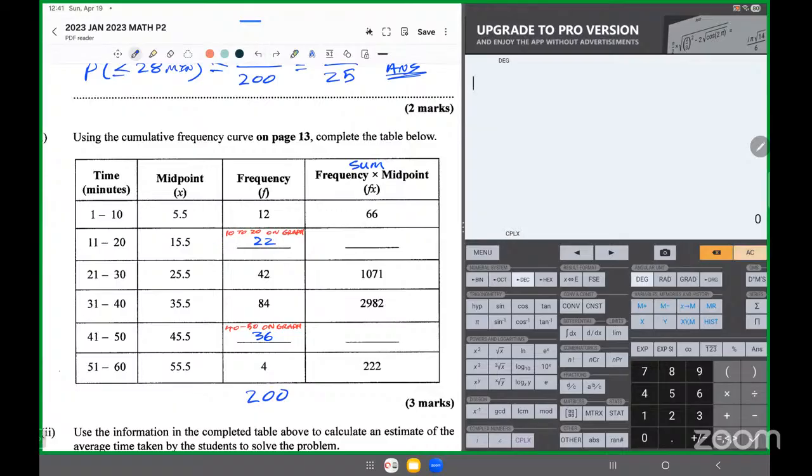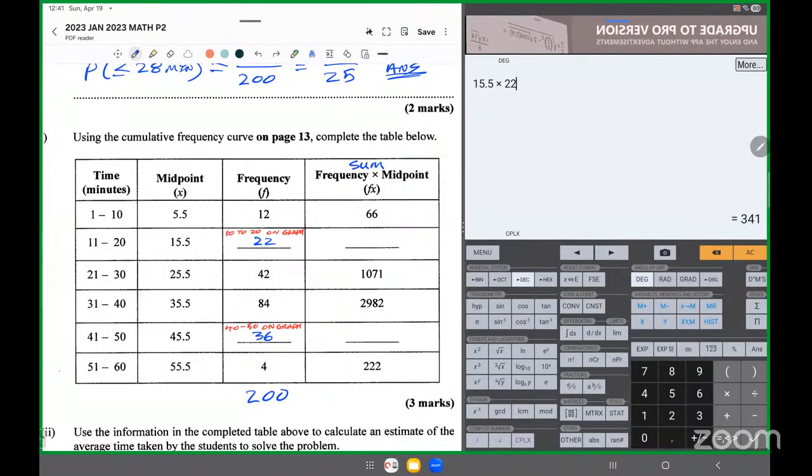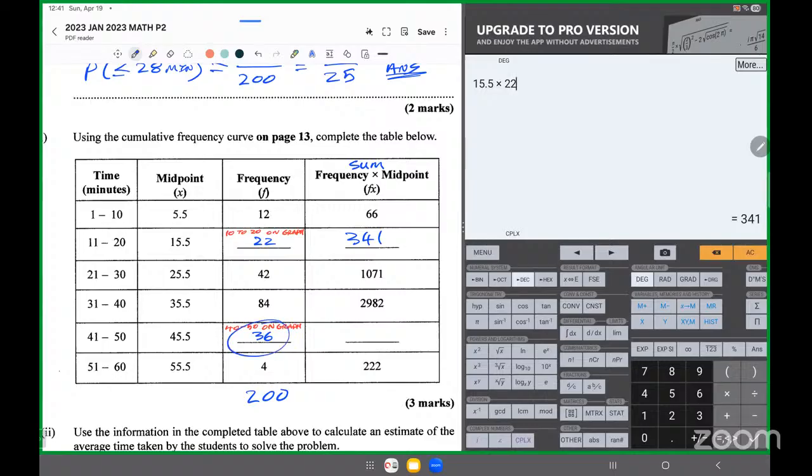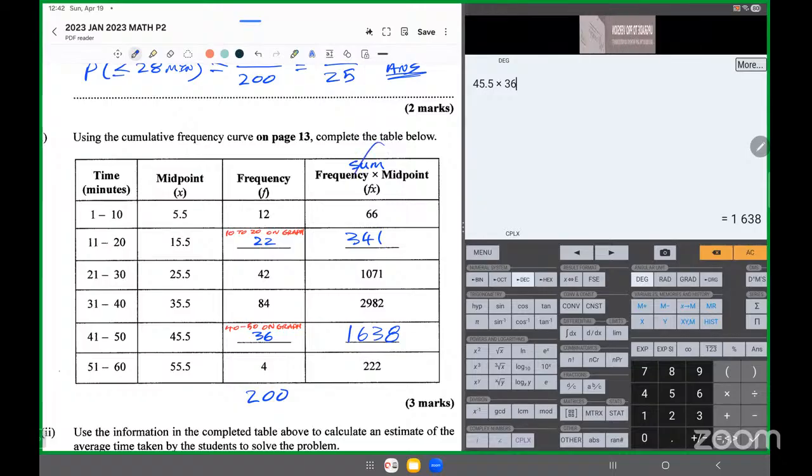That's 15.5 times 22, which is 341. And we have this one as well, 45.5 times 36 students. That's 1638.